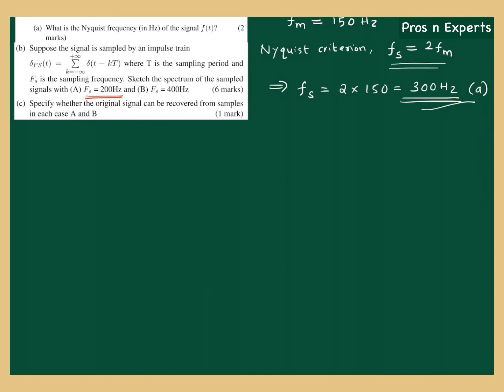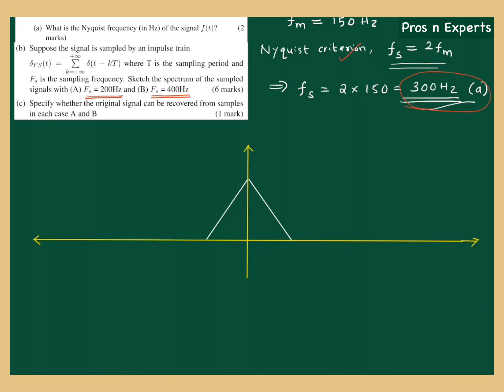Now let us see case B, where the sampling frequency is raised to 400 hertz. Remember, 400 hertz is greater than 300 hertz. So in this case, the Nyquist criterion is obeyed. Let us see what happens.